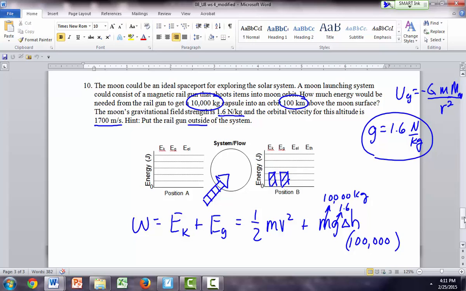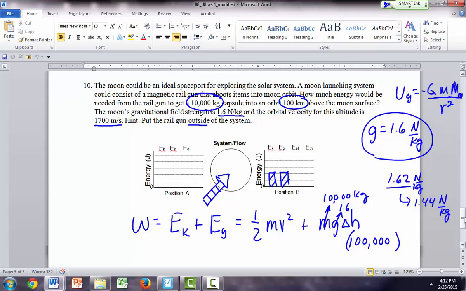I actually did a quick calculation to determine how different the value of g would be on the moon at 100,000 kilometers. At the surface of the moon, it's actually 1.62 newtons per kilogram, but at 100,000 kilometers, it goes down to 1.44.